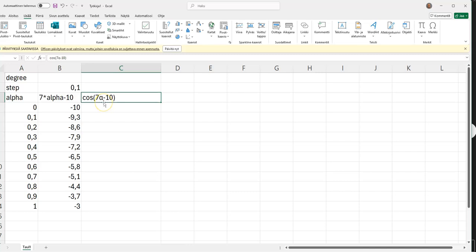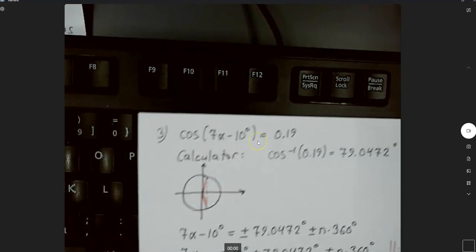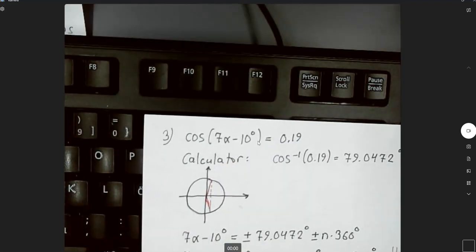This doesn't seem to be alpha, but it is a different letter than this R letter there. So now I will calculate the value for cosine of 7 alpha minus 10, and I will try to find from Excel the places where the cosine gets the value of 0.19 or at least near that.